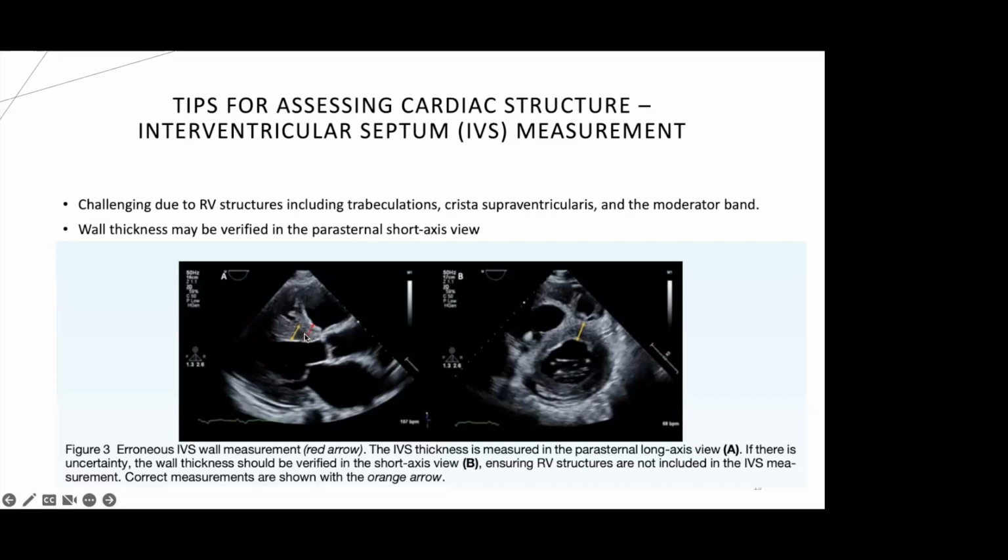And you want to sort of aim for the yellow arrow here to measure your IVS. And oftentimes the American Society of Echo recommends that we measure in the short axis as well, just to get as accurate a measurement as possible for LV wall thickness.